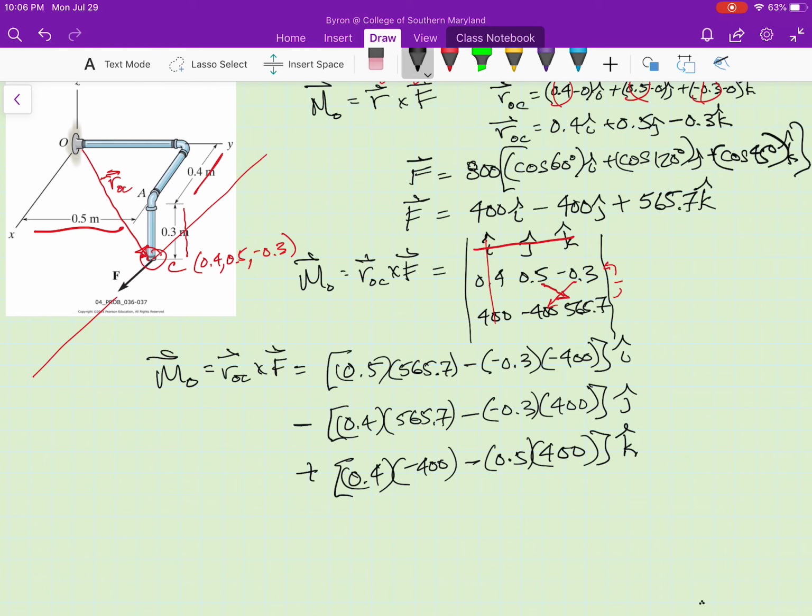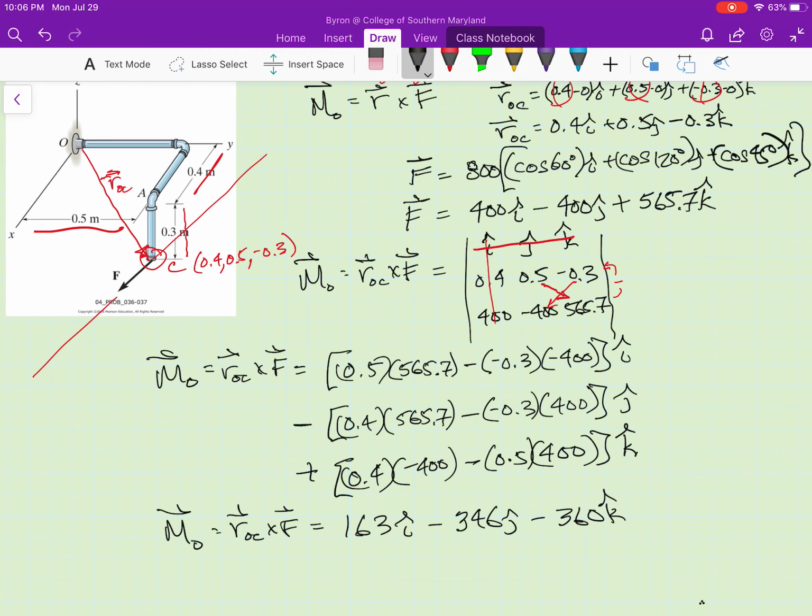So now we do that math for each component, and we end up with 163I minus 346J minus 360K.